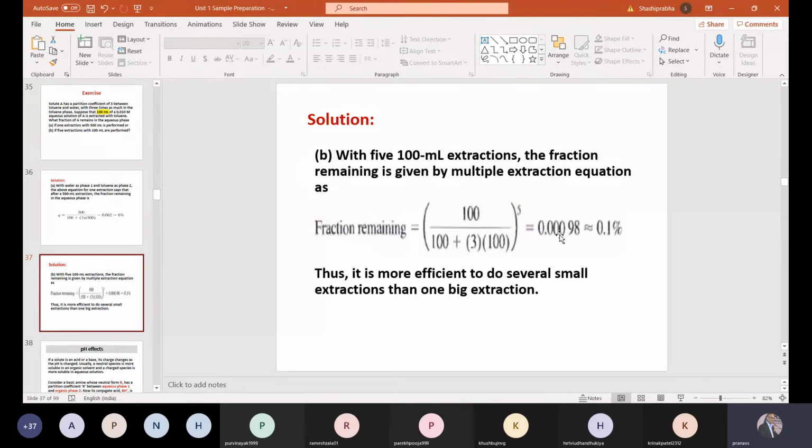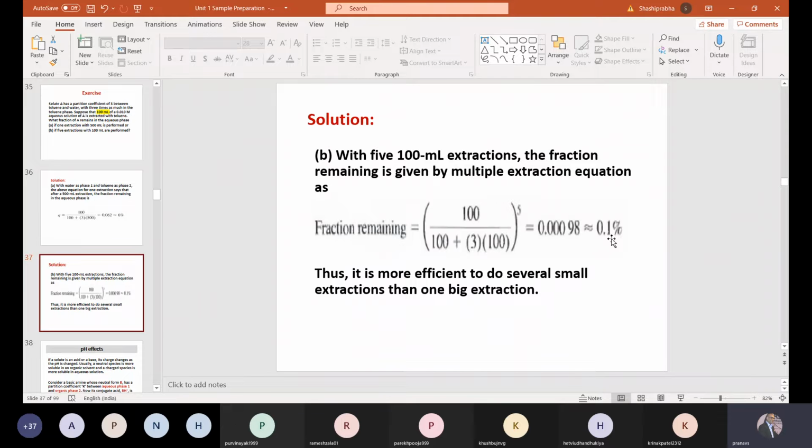What we obtain here is 0.0098 fraction. If you multiply by 100, it becomes 0.98, which is approximately equal to 1%.